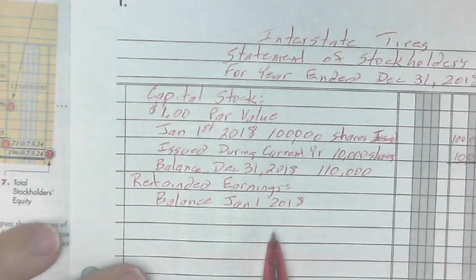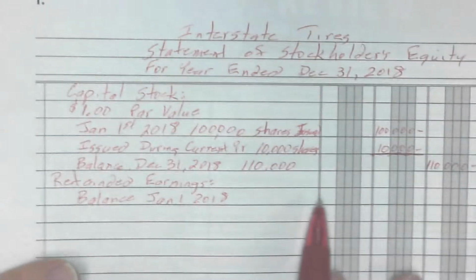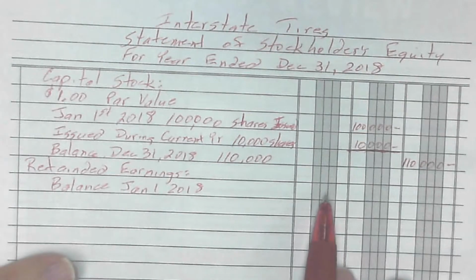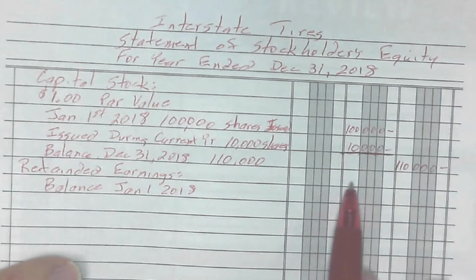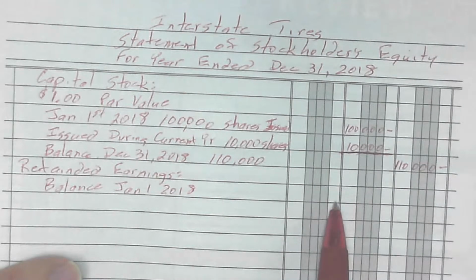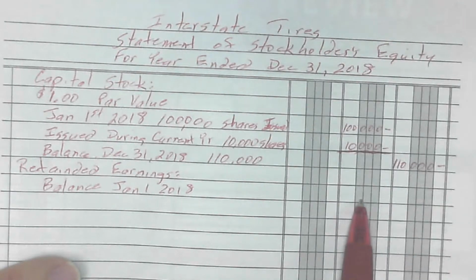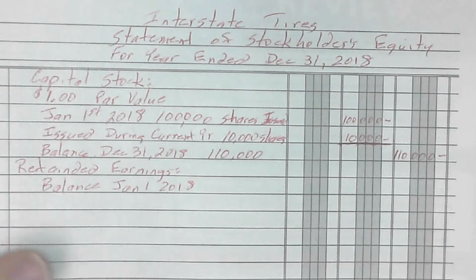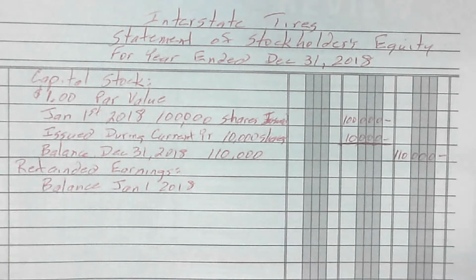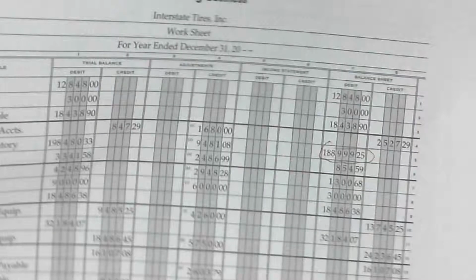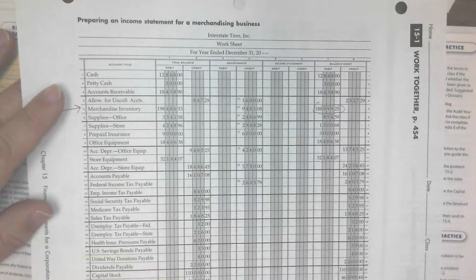So now the amount that we're going to get for our retained earnings, that's going to go in this middle column, we're going to get this from our worksheet that we used in section 1.